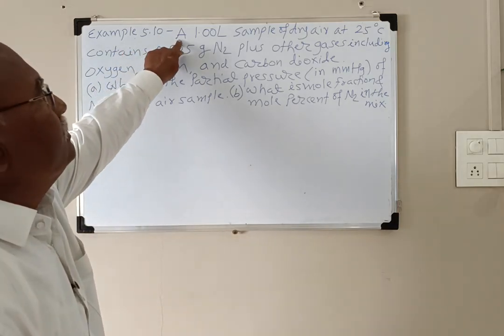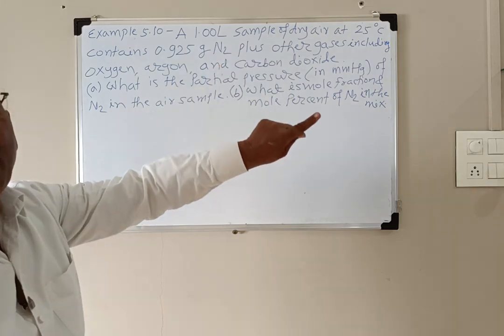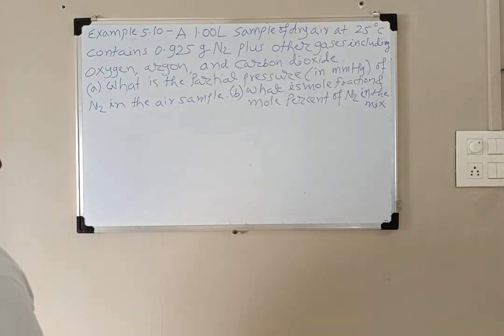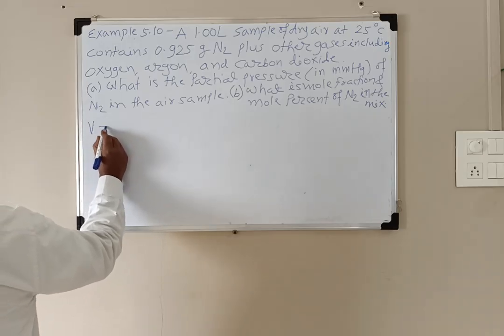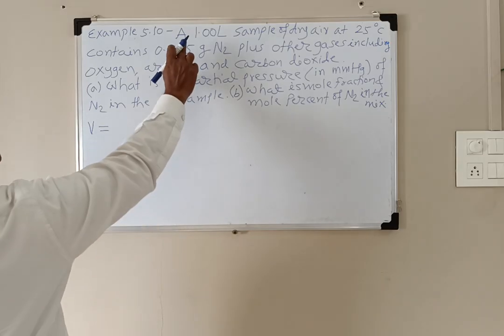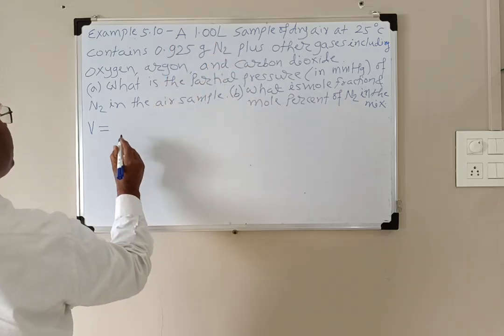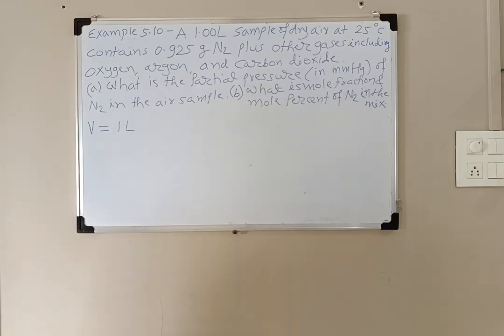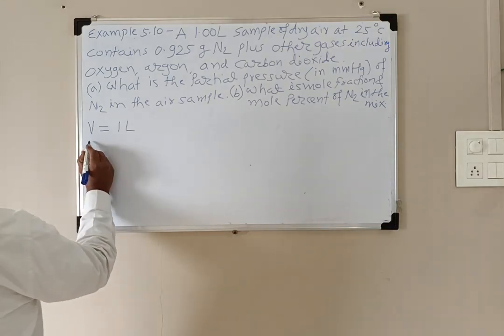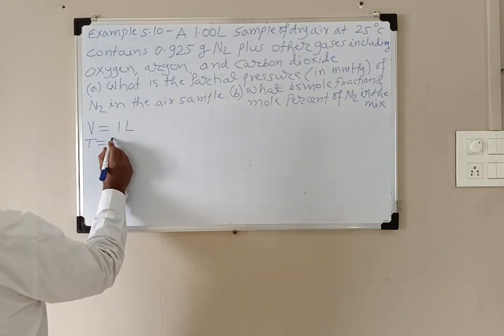A 1 liter sample of dry air, that means volume is given. Volume is equal to 1.00 liter. For simplicity, I write 1 liter. At 25 degrees centigrade, so T is equal to 25.